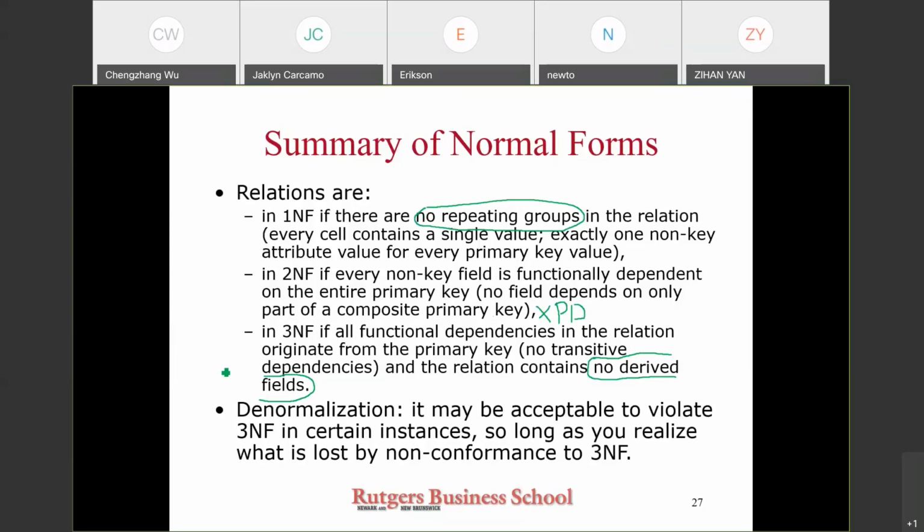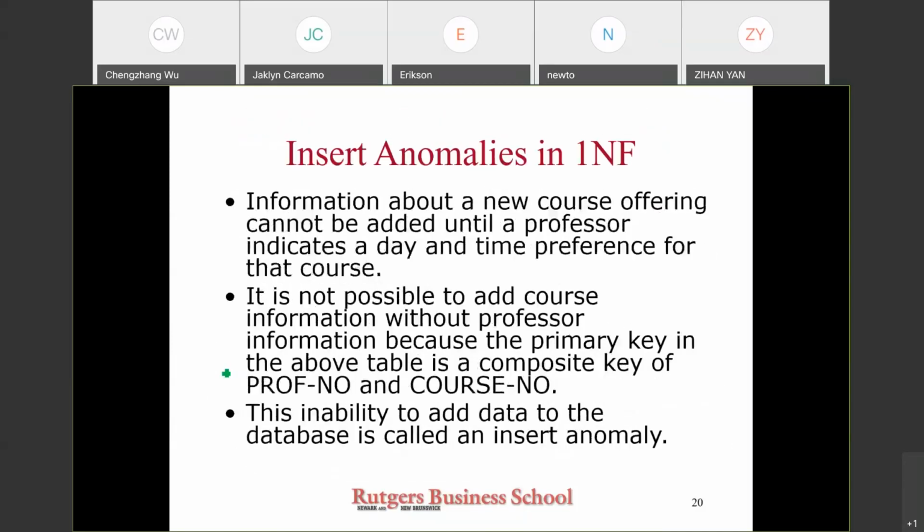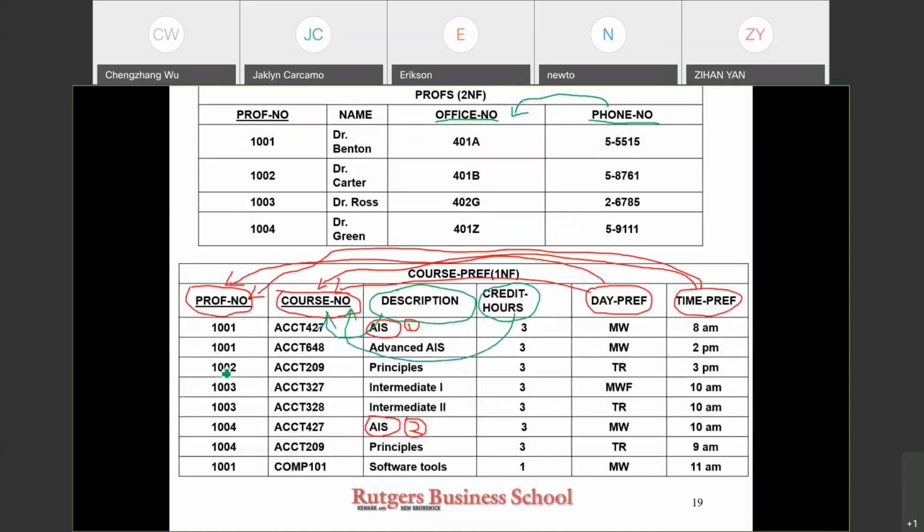In the above example, the professor second normal form table with the fields professor number, name, office number, and phone number may be left in second normal form if it is not considered critical to keep track of offices and phone numbers.